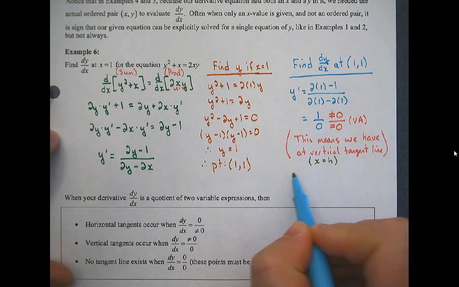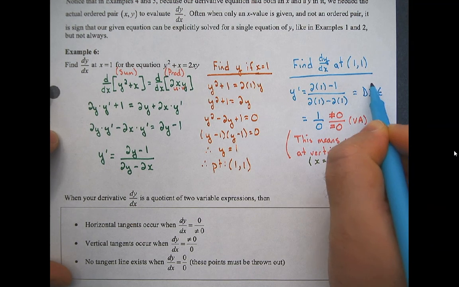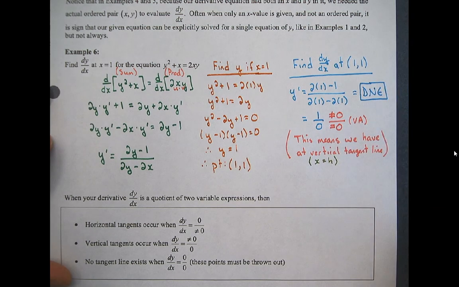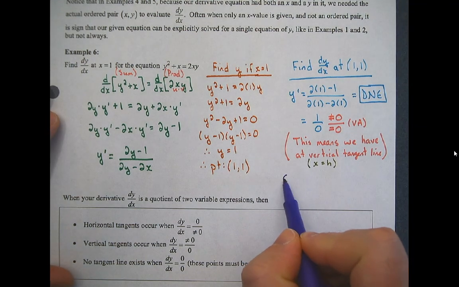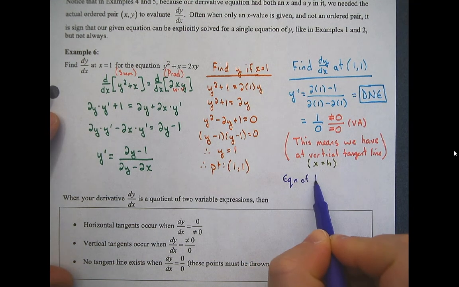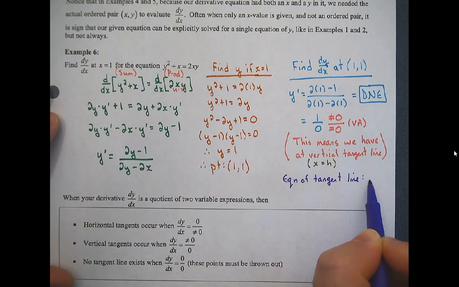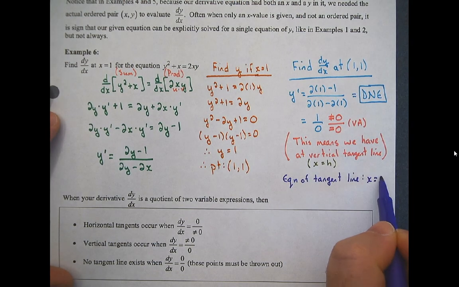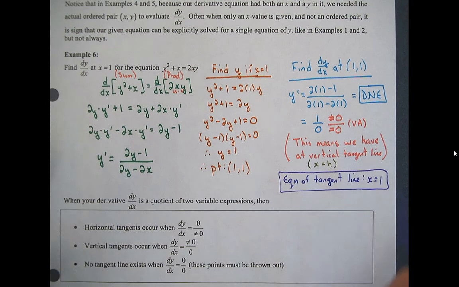So y prime equals DNE, or infinity. But more likely what they would ask there is, what's the equation for the tangent line? So if they said, what's the equation for the tangent line? Let's add that at the bottom. Equation of tangent line would be x equals 1. That's our x value. They didn't ask for that, but that's pretty likely what they would normally ask for.